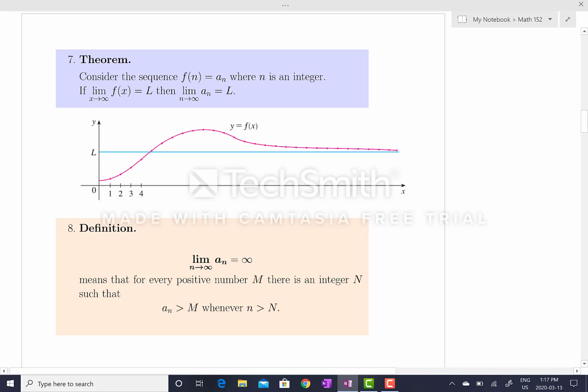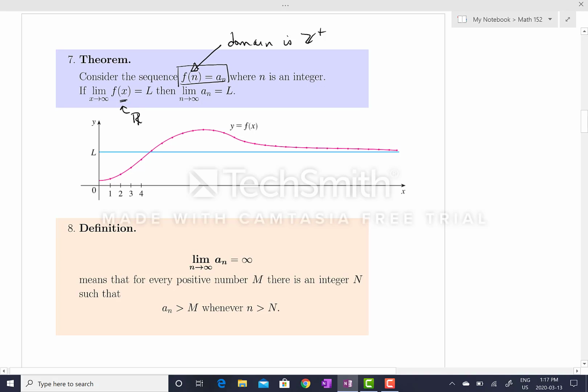Okay, if we have a sequence, so this is our sequence where the domain here is the positive integers, then what we can do is actually form the equivalent function where the domain here is the real numbers, or even let us just say the positive real numbers.